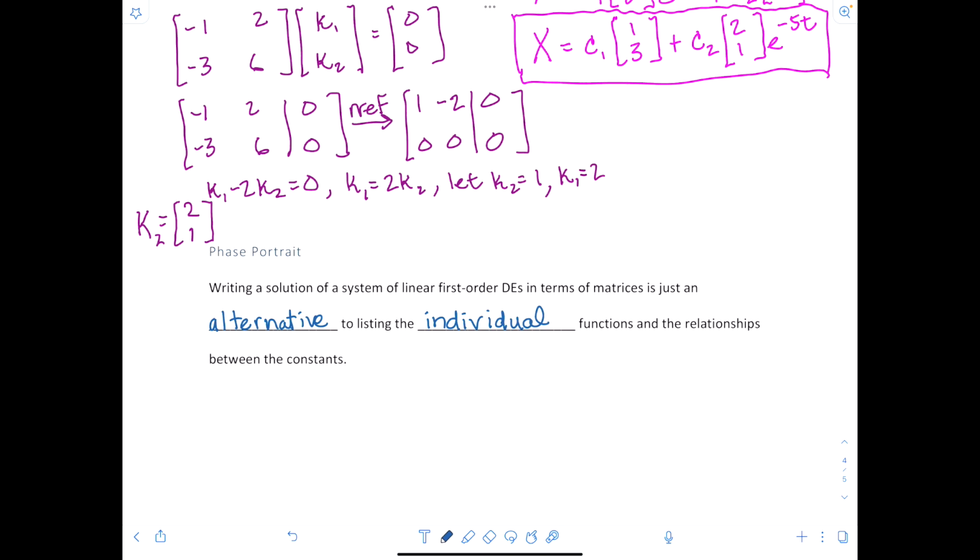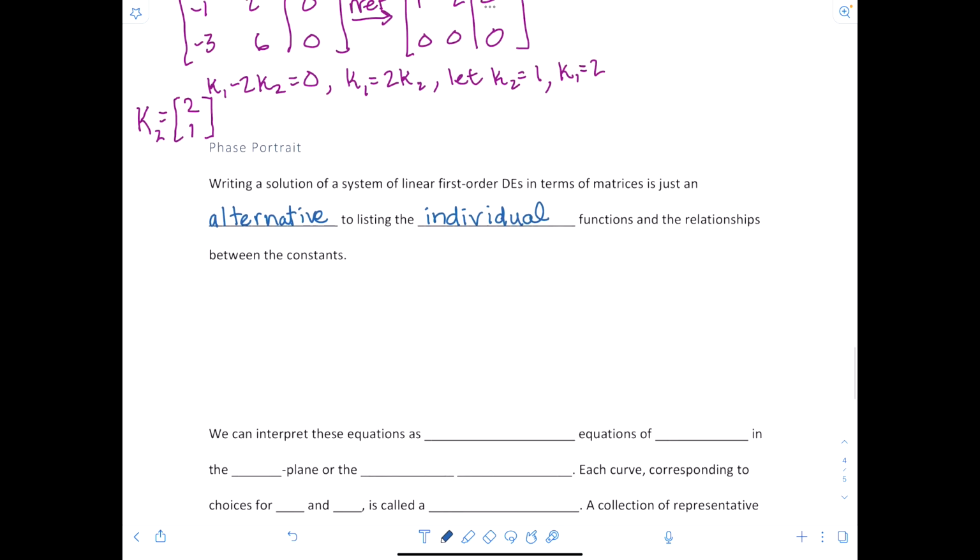So on this one that we just did, we had gotten x equal to c1 times 1, 3 plus c2 times the vector 2, 1 e to the negative 5t.